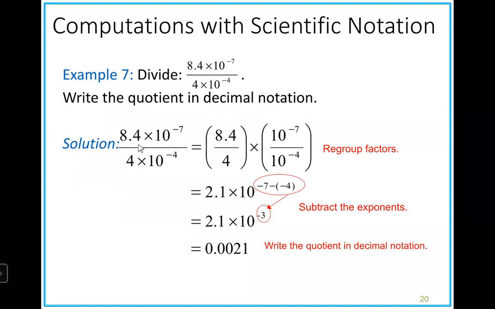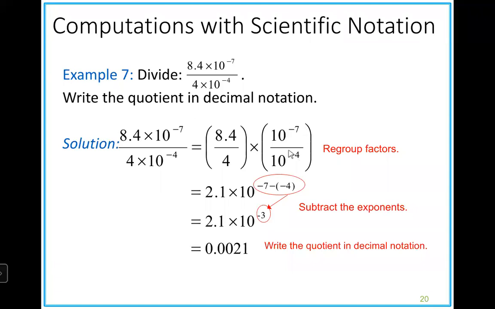So we rewrote the same question, but separated this portion from the exponent portion. 8.4 divided by 4 gives you 2.1.